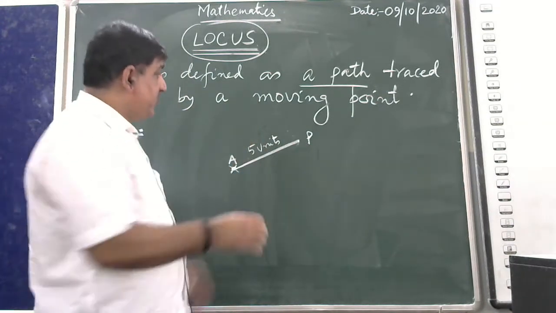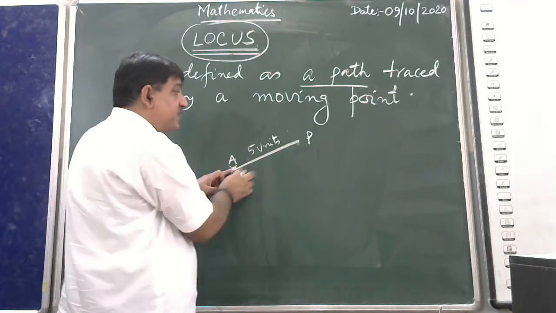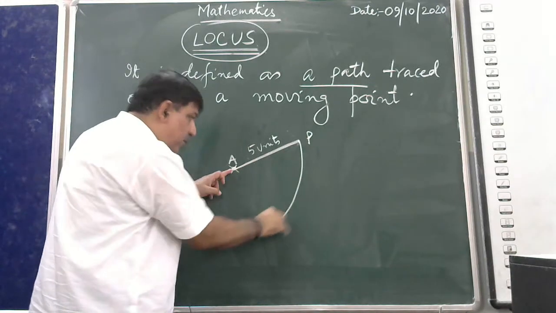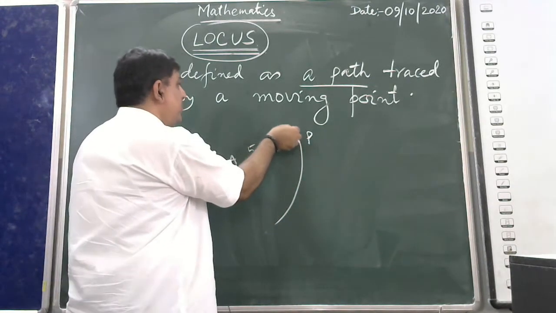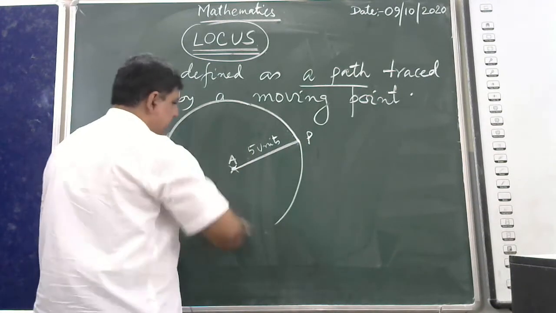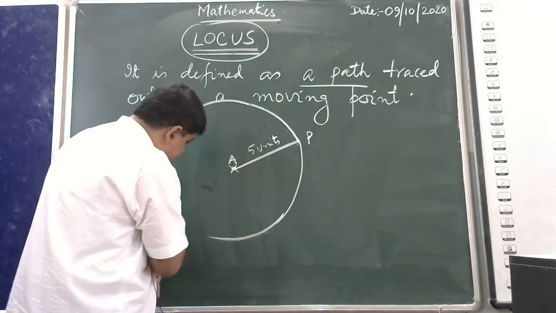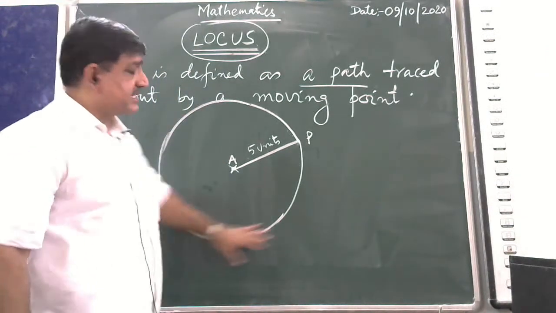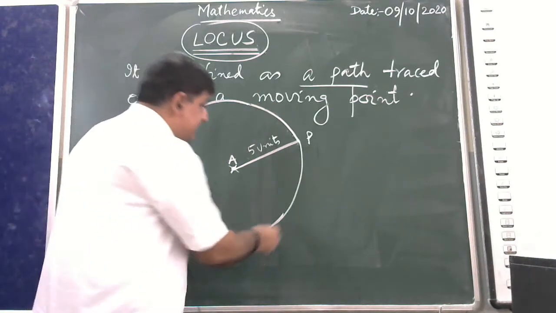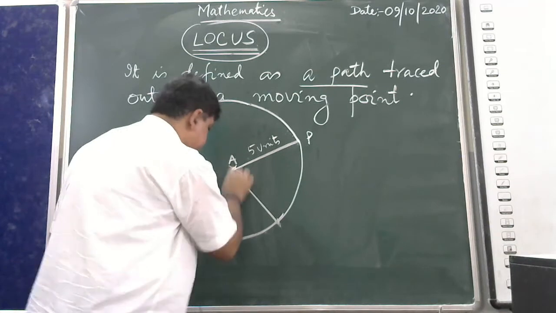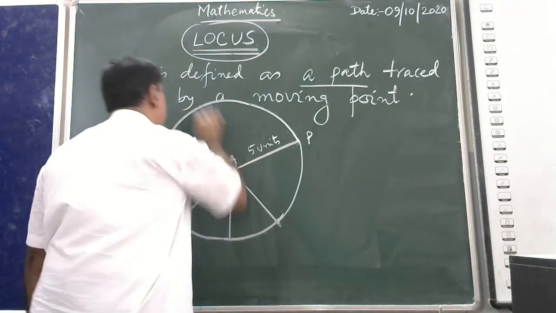Now, obviously, you know, if this distance is fixed at 5 units, then the next position of this point P will be on the circumference of a circle whose radius is 5 units. Observe it. If this is the circle, and on this circle, anywhere this point P takes its position, its distance will be 5 units always.